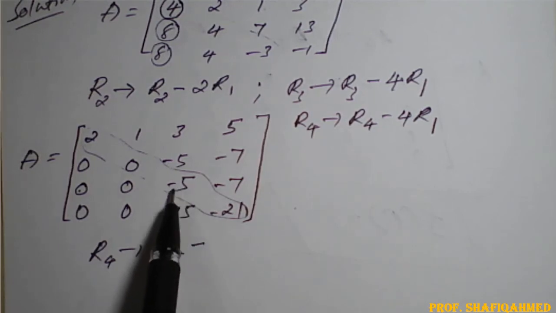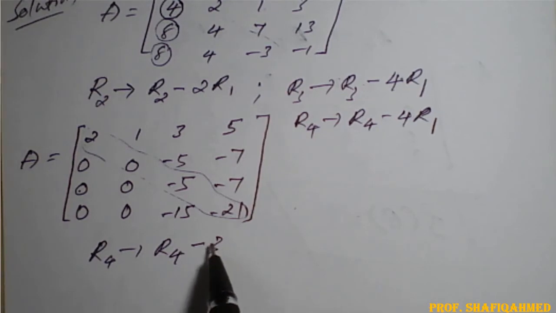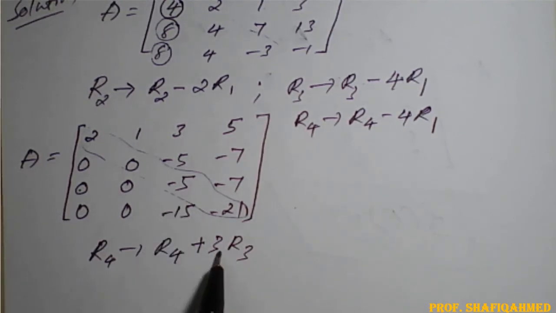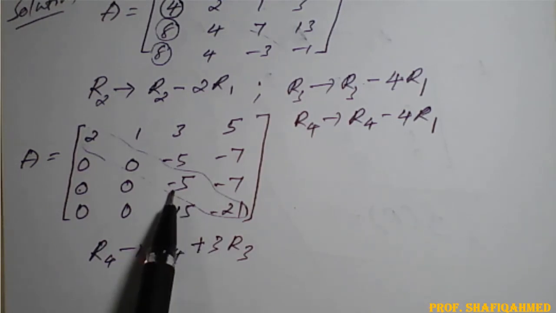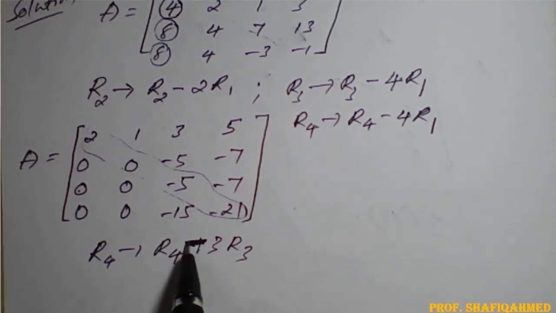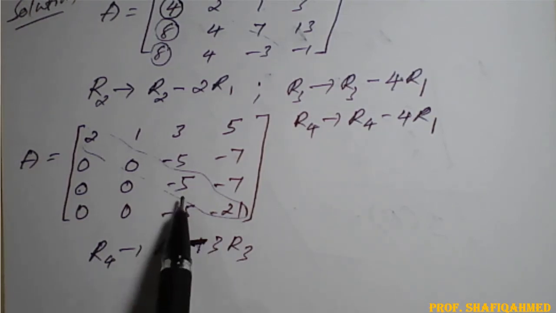So I will apply on R3, so 3 into R4 plus 3 times R3. So we need to make a formula. So to make this element 0, so 15 minus plus into minus is again minus, so you just make this a minus sign only, because -15 minus plus, so 5 is a 15, so -15 plus 15 will become 0.